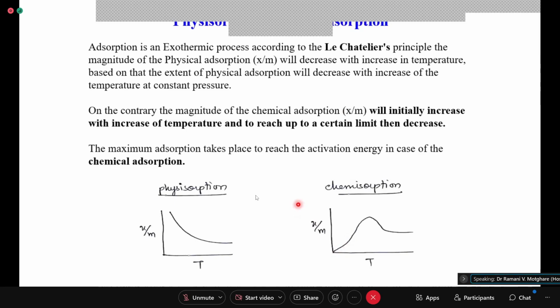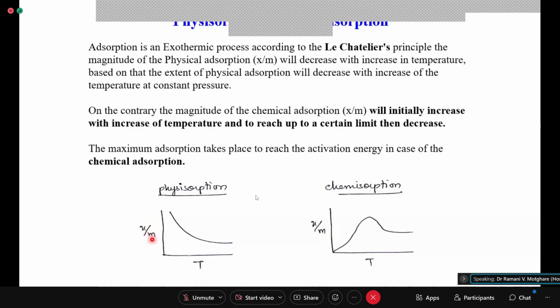Okay. Now, what we write is X by M. What does X by M mean? X means the amount of adsorbate per gram of adsorbent. So X is the amount of adsorbate and M is the quantity of adsorbent.